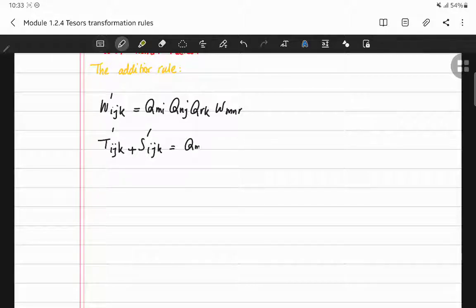So I have Q_mi Q_nj Q_rk T_mnr plus Q_mi Q_nj Q_rk S_mnr. And remember here that in each term I am just repeating m, n, and r, so it doesn't violate the first agreement we made during the first session of the course, because I did not put a dot here.